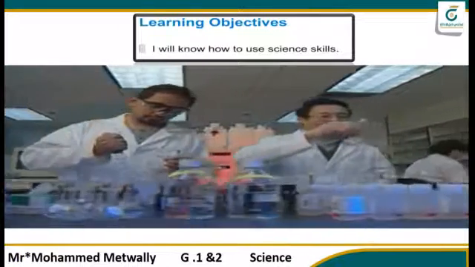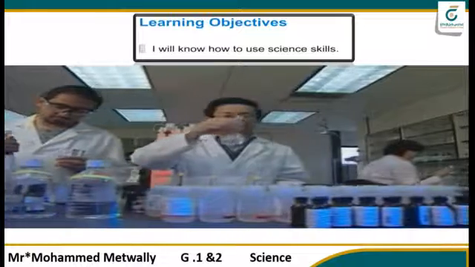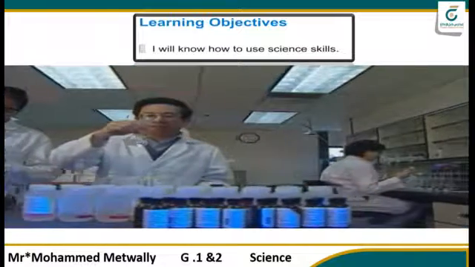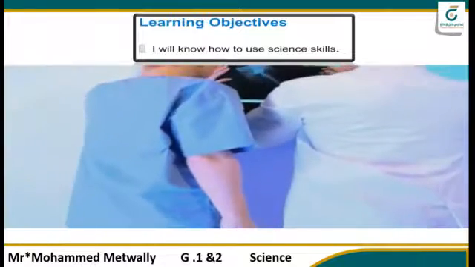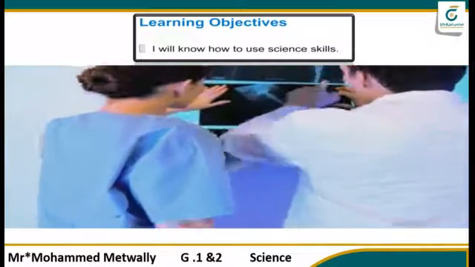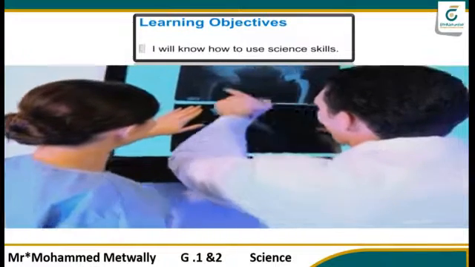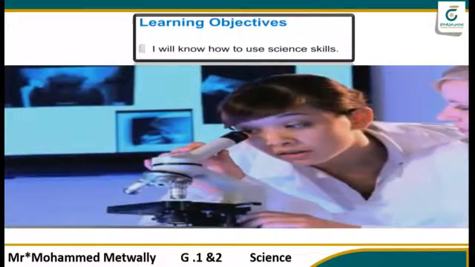As you see here in the video, scientists can use some skills like observation to observe something around them. Then they have to analyze this observation, predict, and write down notes about the observation.